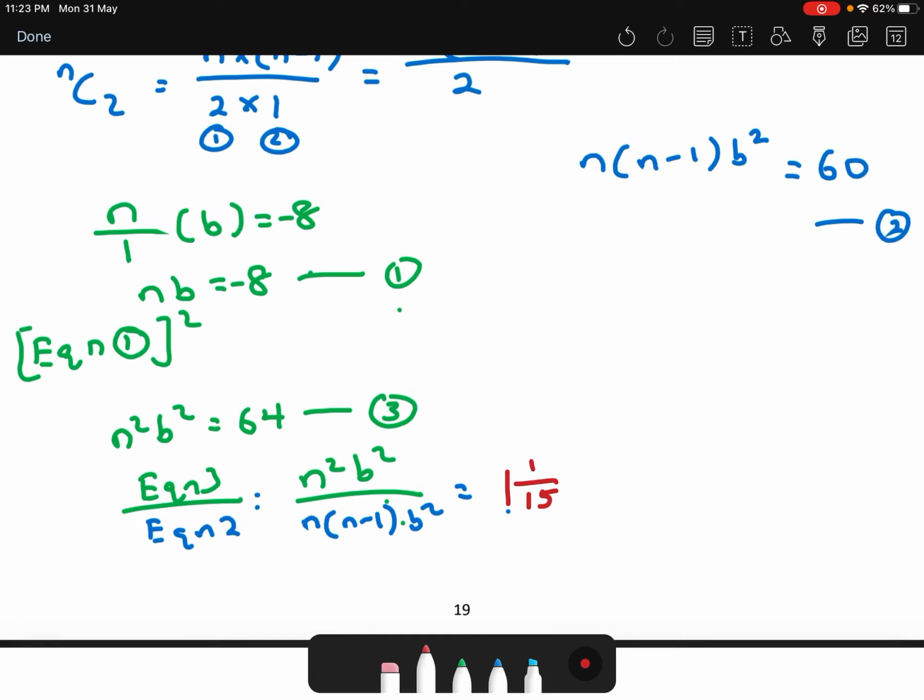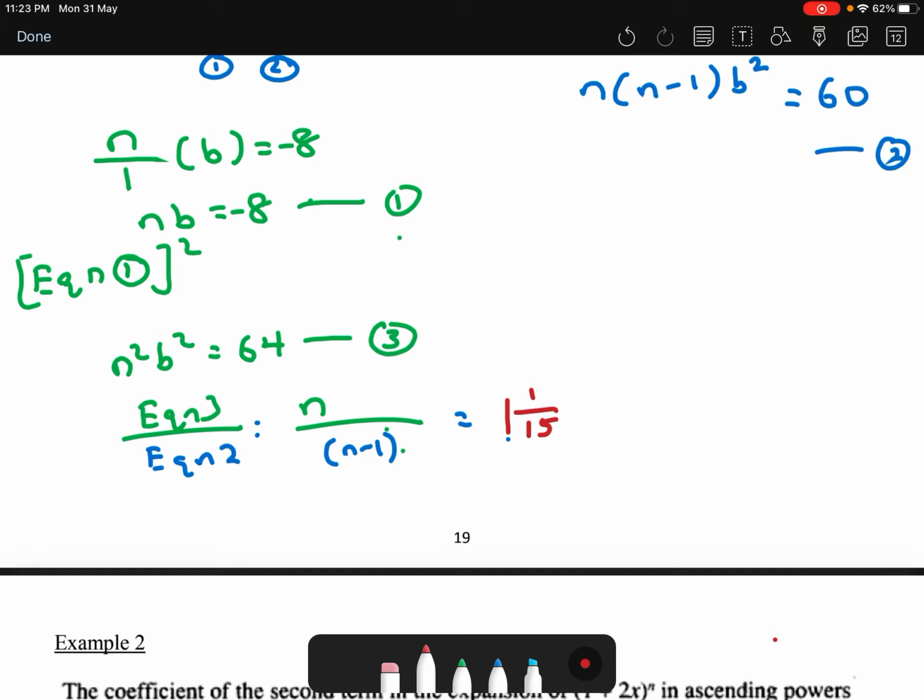Now I deal with my left hand side. The b square can cancel away, and of the n square, I cancel 1 n with the denominator. So now n over n minus 1 is equal to 16 over 15.